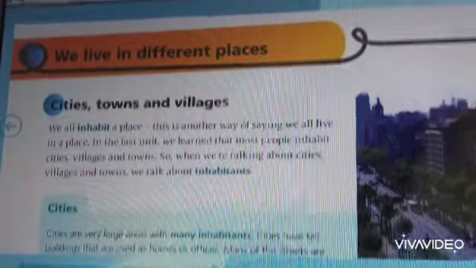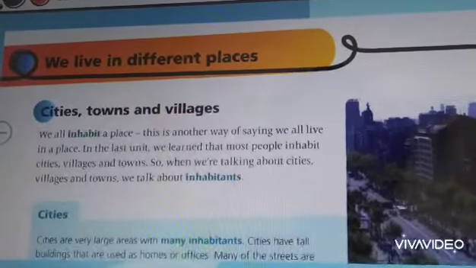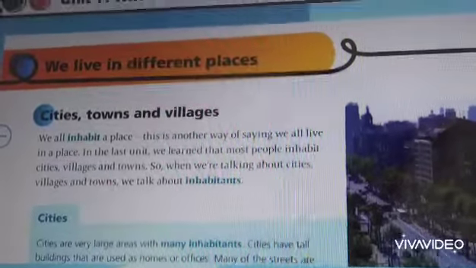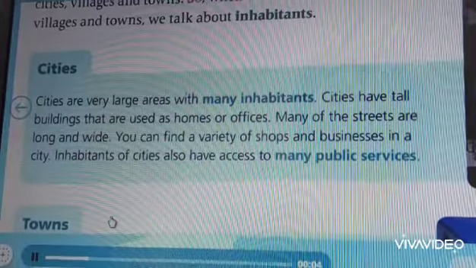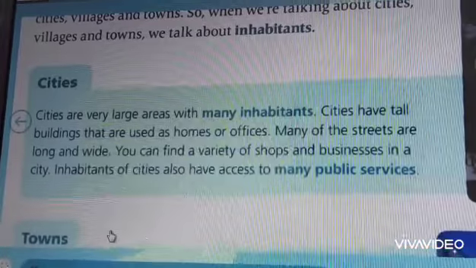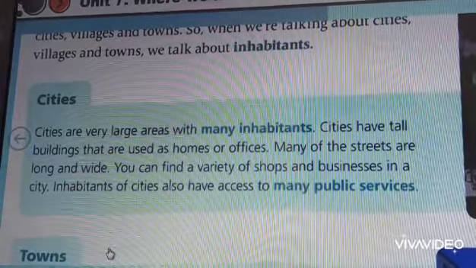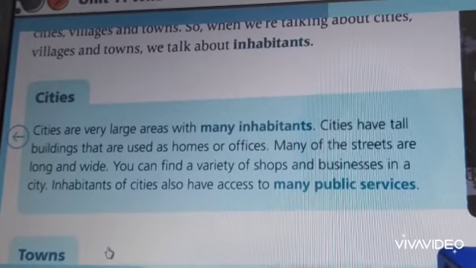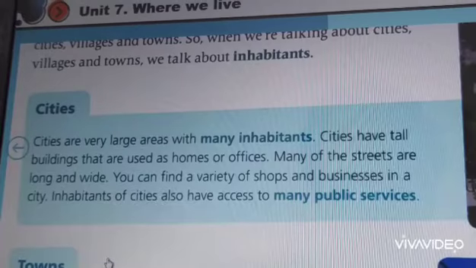What is important to know in the first paragraph is that people who live in a place are called inhabitants, and those people inhabit a place. Cities are very large areas, very big places where many inhabitants live. So there are many inhabitants in a city, and they have many public services and transports.